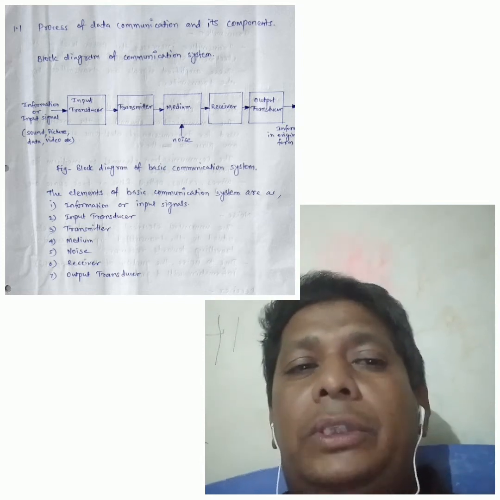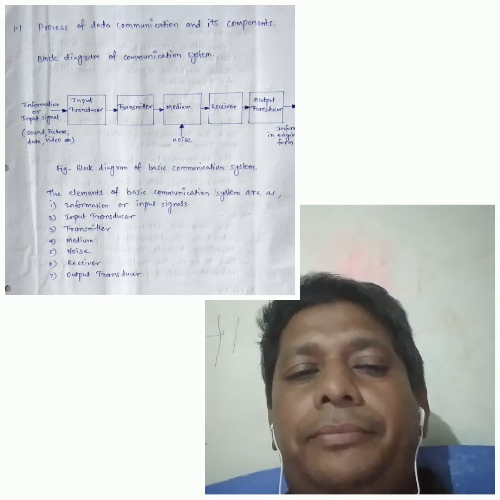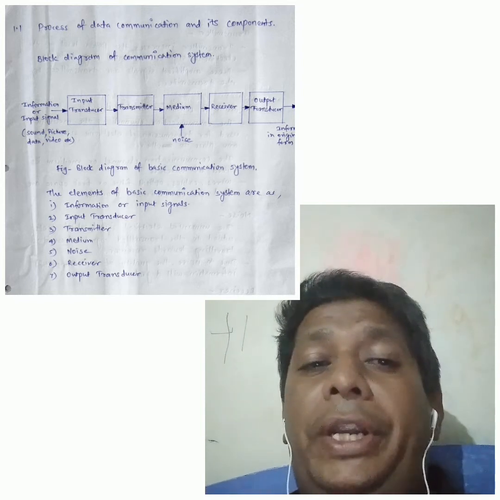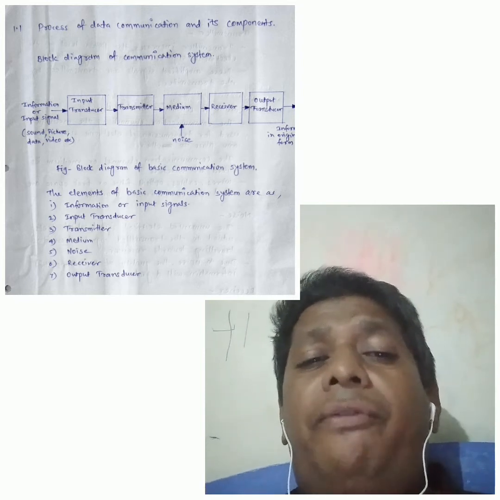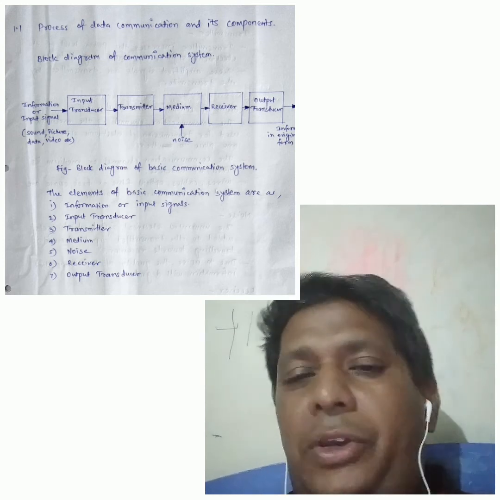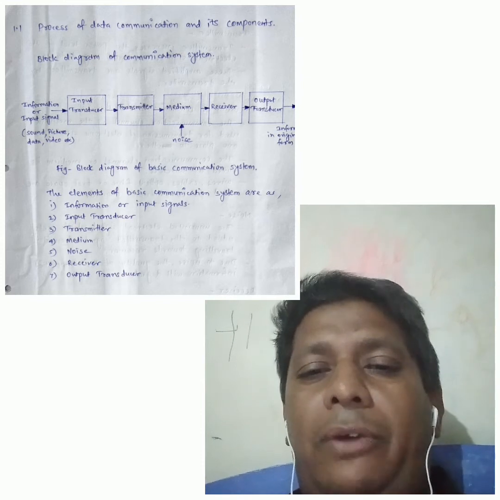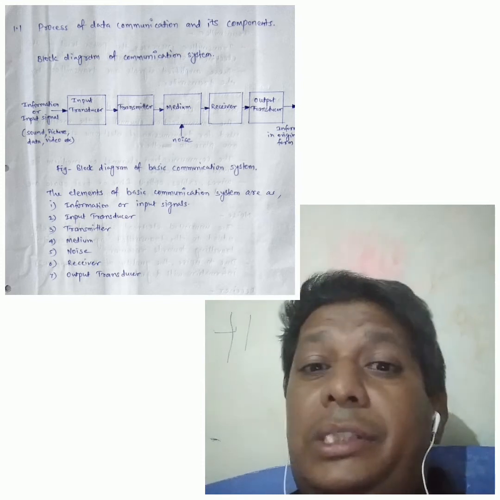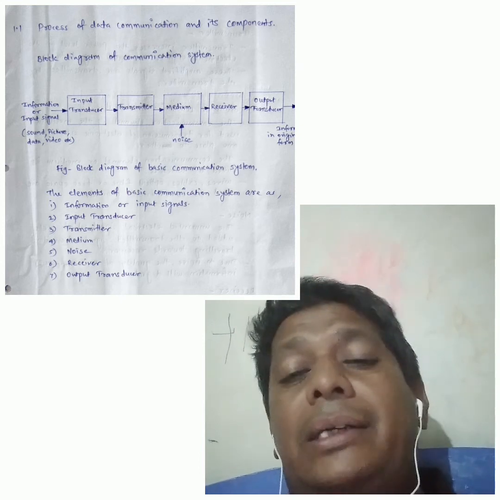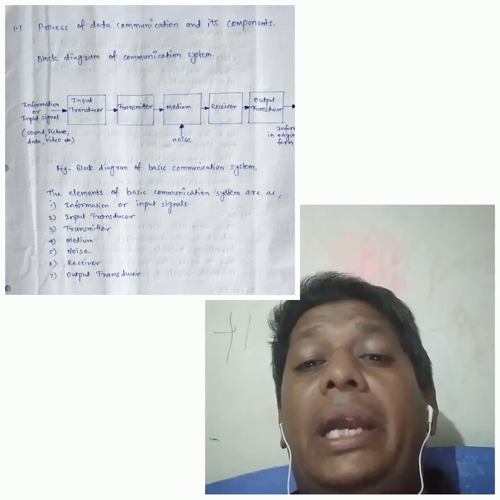Okay. So the third part is the transmitter. Why is there a need for a transmitter? Because we need to increase the power of the electrical signal to travel a long distance. We are going to send signals from one point to another point. The distance may be large. In that case, signals travelling through the medium get weakened.